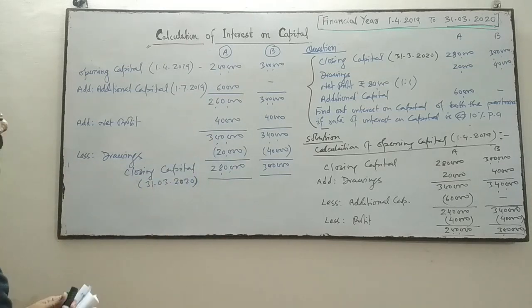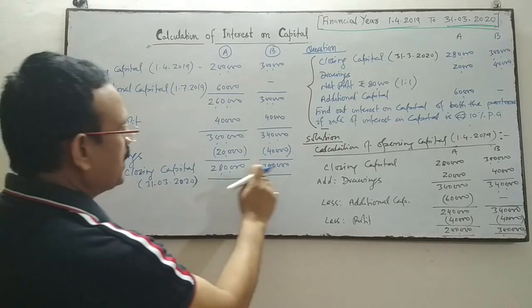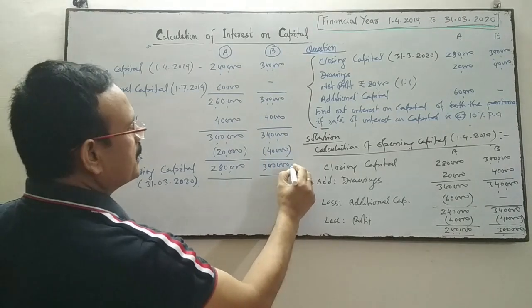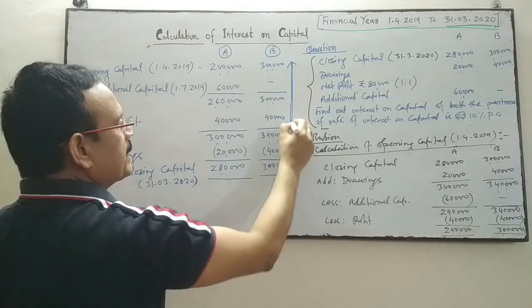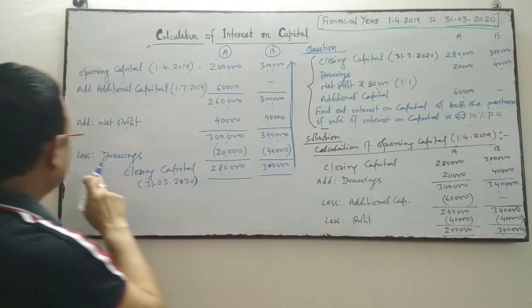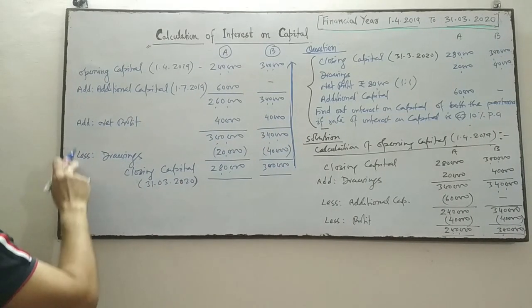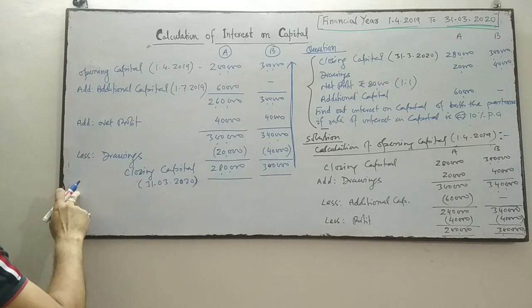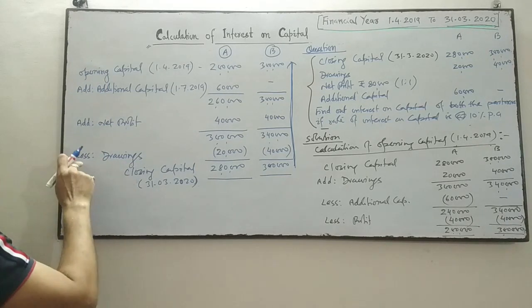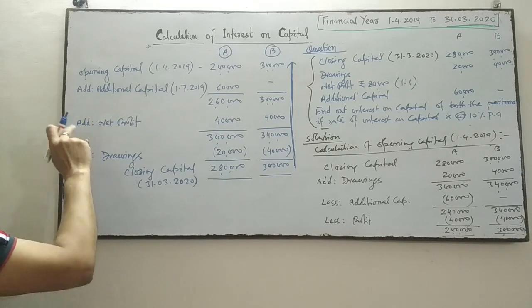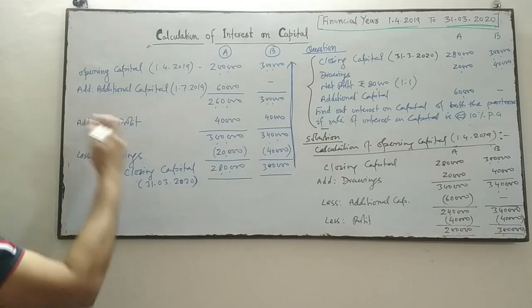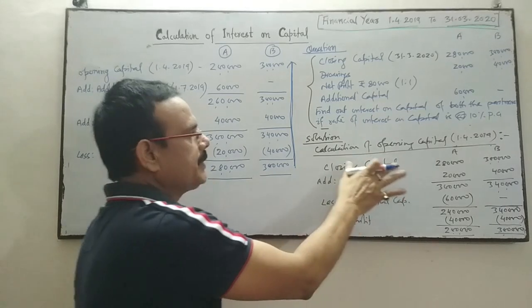When we know these items and we have to find this one, then we start calculating in a reversal way, in the opposite direction. The things that we deducted when coming from top to bottom, we will add. Deduction will be added and addition will be deducted. So I do the same thing over here.